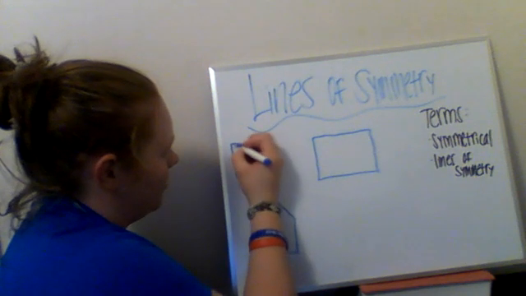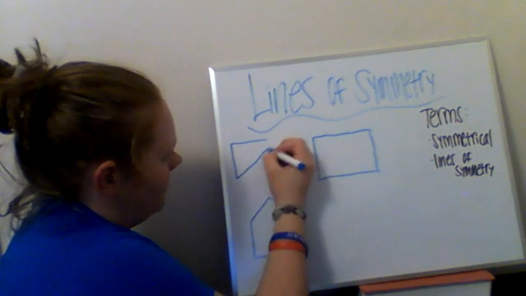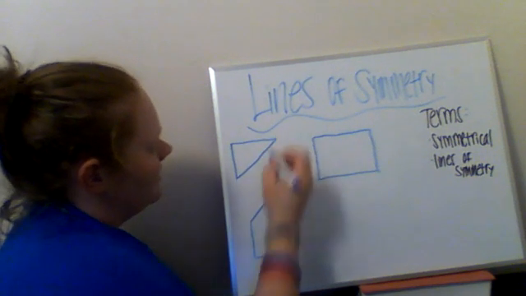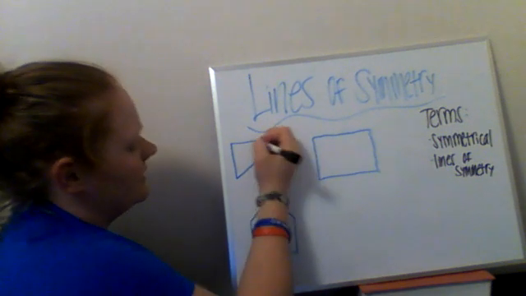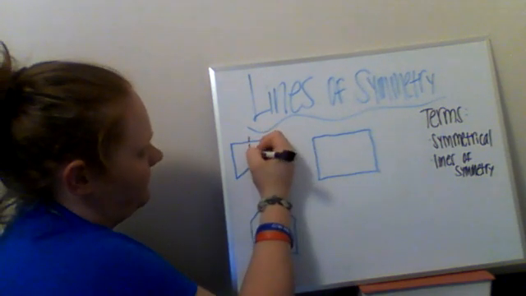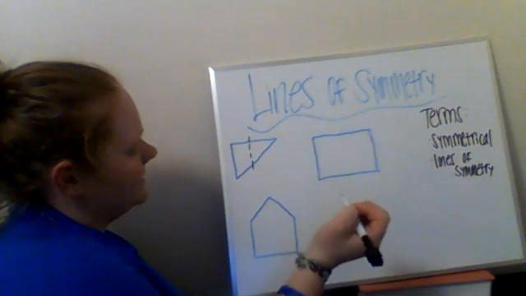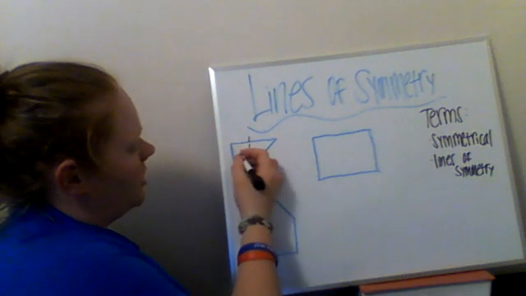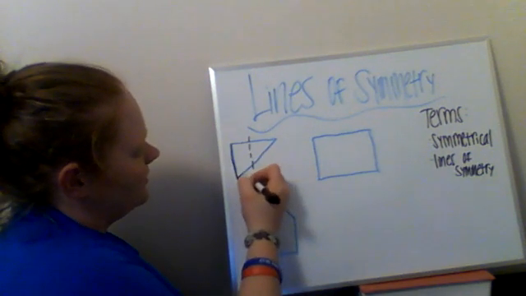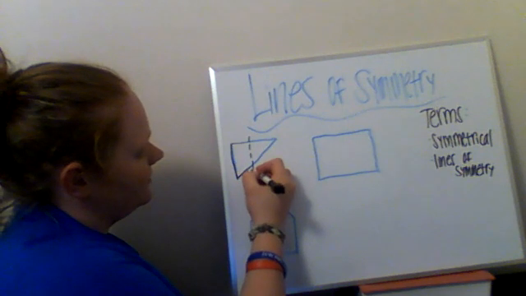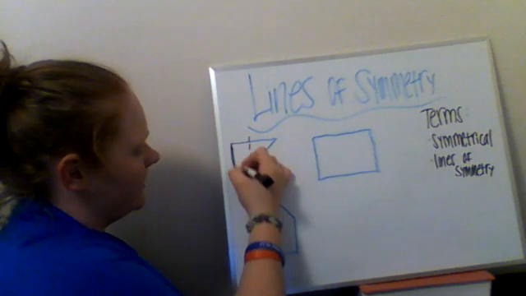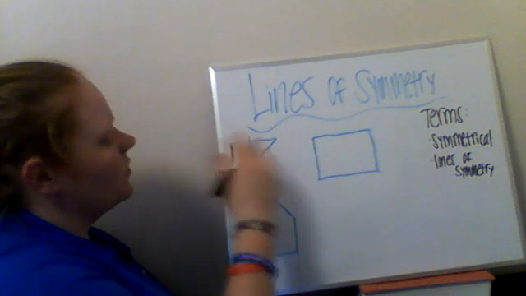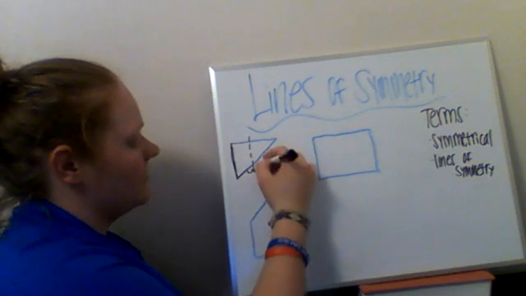So I'm going to draw it again. All right, so let's see if I was to draw it down the middle right here. Would it be symmetrical? Well, this part, this is what I would be folding over. If I was to fold that over, it would not look like this because I would not have this piece over here. So this shape is not symmetrical.